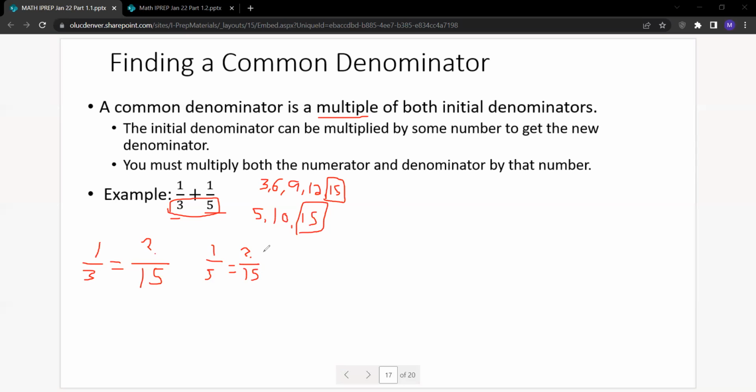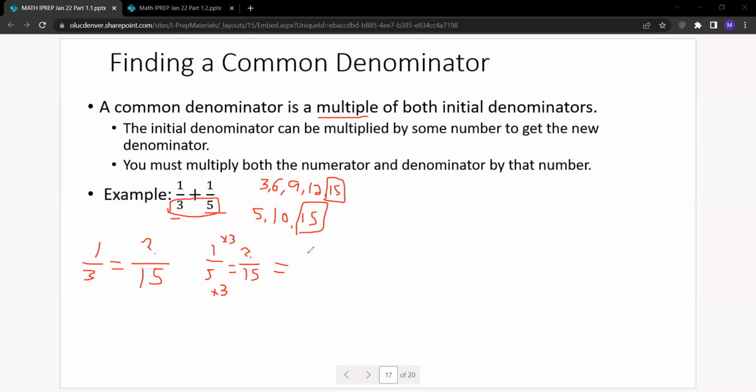So now the way we do that is we kind of solve the in-between process, right? So if we have 1/5 and our end answer is something over 15, we think about how do we get from 5 to 15? So 5 to 15 is going to be times 3, right? So 5 times 3 is 15. So therefore, we do the same thing up here.